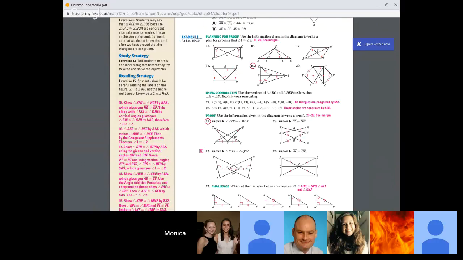Let's see. Well, I guess angle 1 and 2 are in those smaller triangles, huh? So if we look at that, proving that those two big triangles are congruent is the first step.